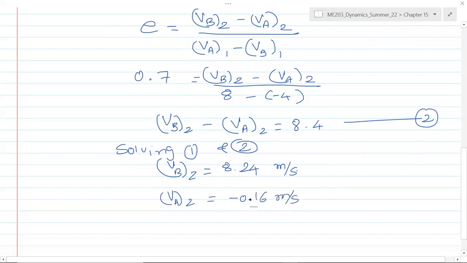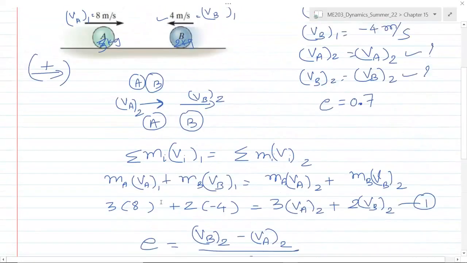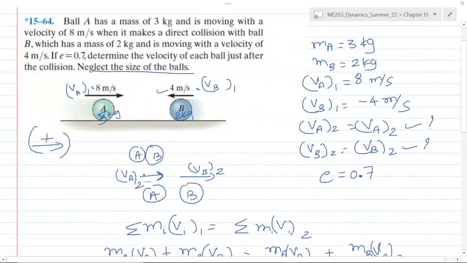Now this is an interesting point to notice, that we get the negative sign. What it means is that our assumption of A going right is not correct. A will bounce back a little bit and B will go right. B will absolutely go right with a much higher velocity, but A will bounce back a little bit towards the left.